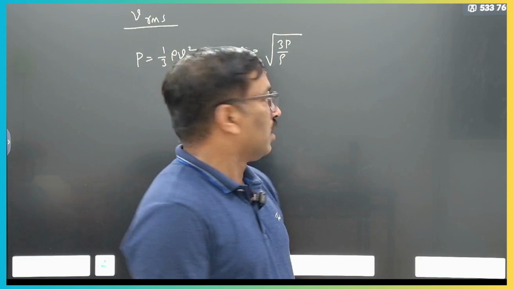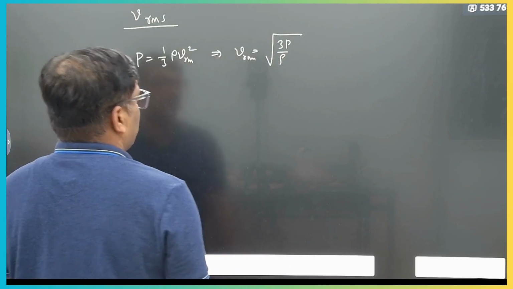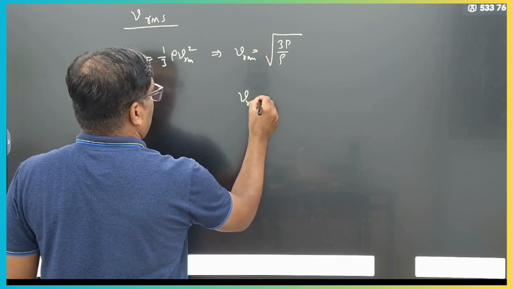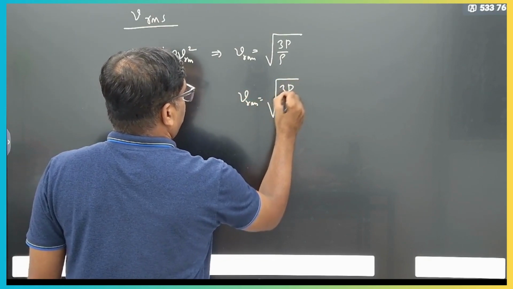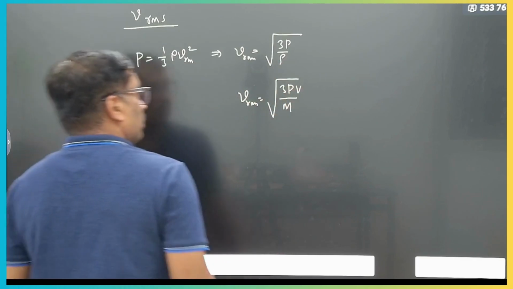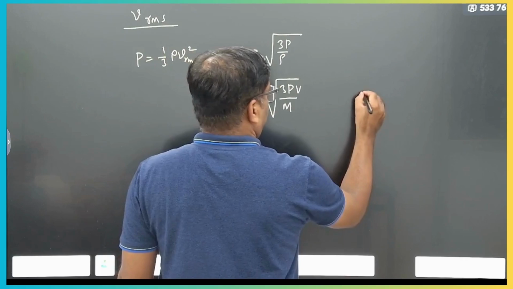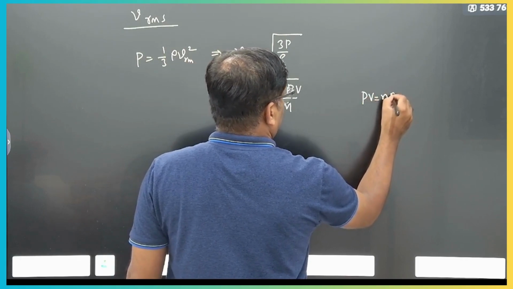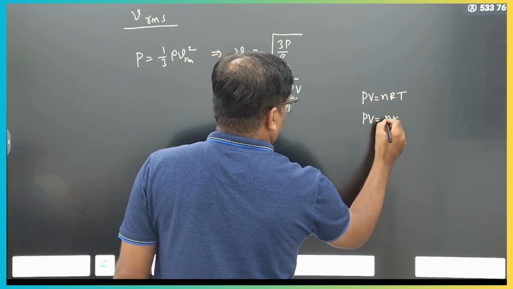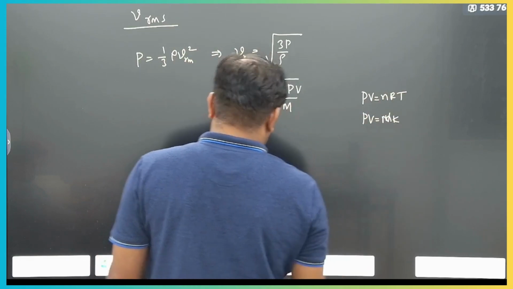This is your RMS speed. Similarly, we can write RMS speed as root of 3p by density, where density is mass of the gas by volume. But we know pressure into volume equals nRT, or pressure into volume equals nKT.